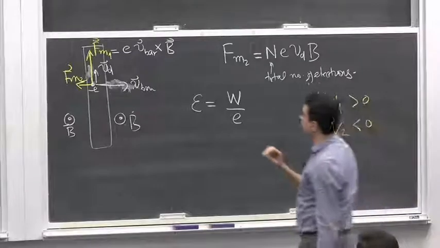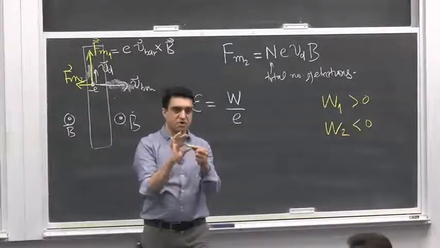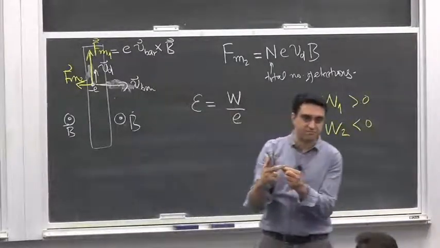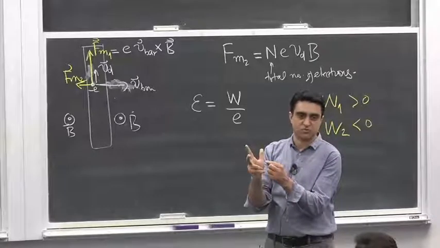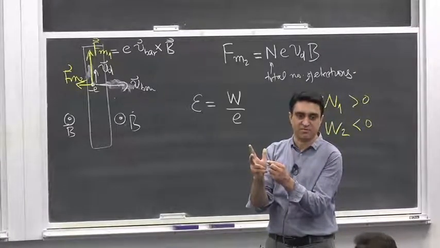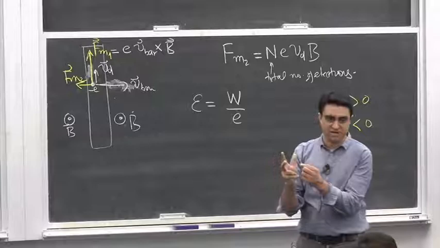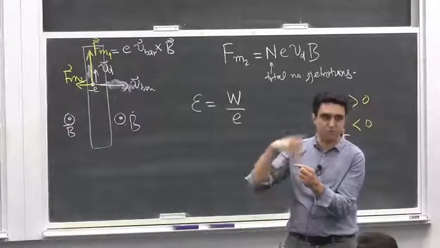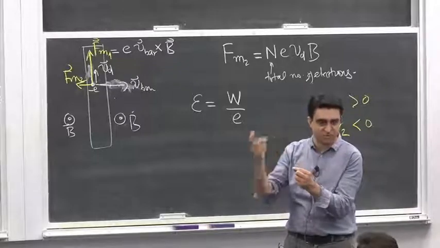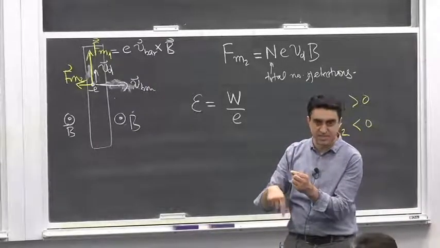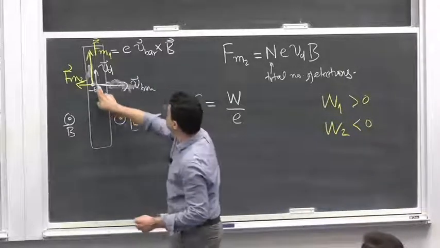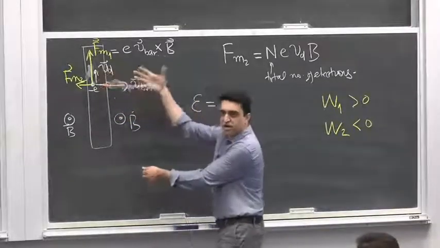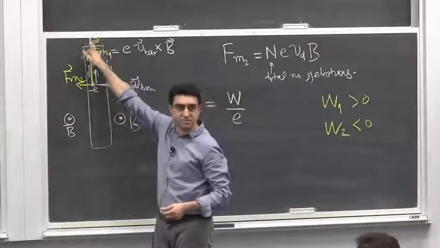But whatever the case may be, if you have a particle which is moving in a certain field, in a certain force, how do you find work? It is the force multiplied by the displacement it takes. Now, one displacement is in this direction because the whole bar is moving, and one displacement is in that direction.